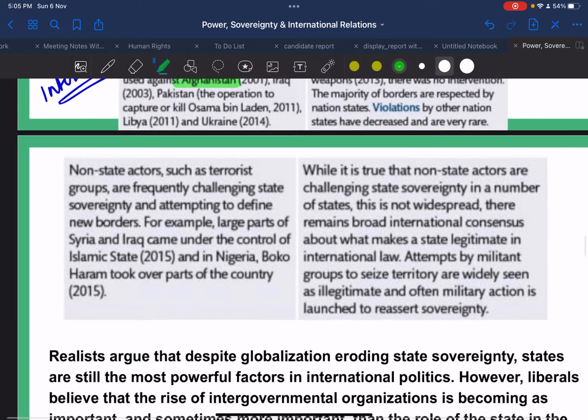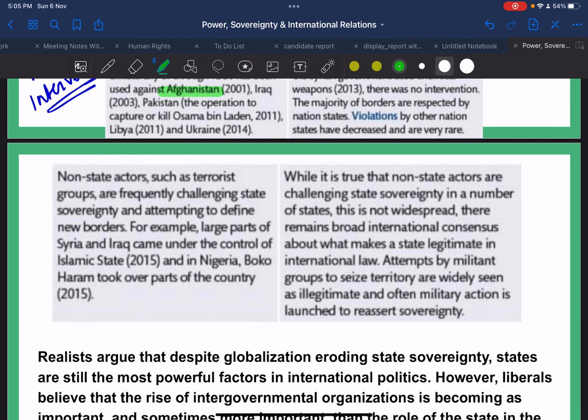Then the last set of claim and counterclaim. This is on non-state actors. So non-state actors such as terrorist groups are frequently challenging state sovereignty and attempting to define new borders. For example, large parts of Syria and Iraq came under the control of Islamic State, and in Nigeria, Boko Haram took over parts of the country.